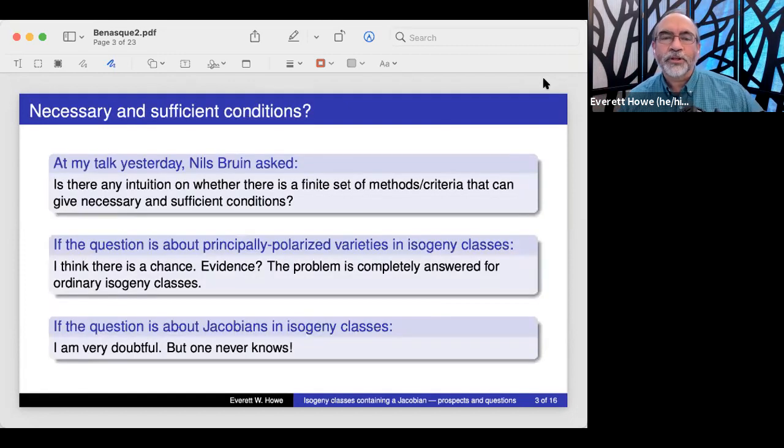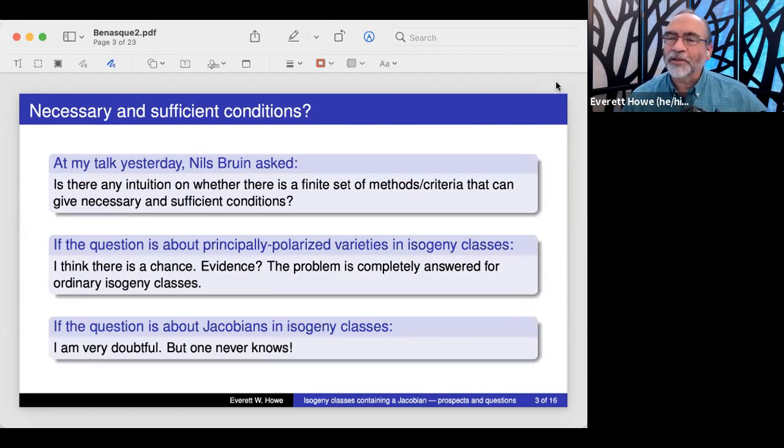So first, at my talk yesterday, Nils asked, is there any intuition on whether there is a finite set of methods or criteria that can give necessary and sufficient conditions? And I couldn't remember whether this was a question about principally polarized varieties in isogeny classes or Jacobians in isogeny classes. So I'm going to take it both ways.